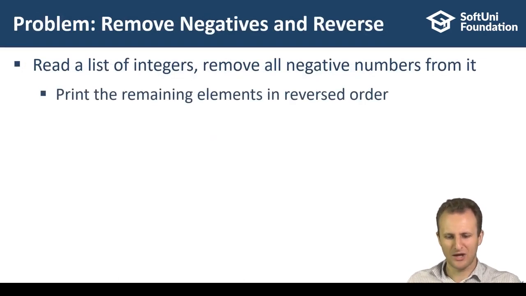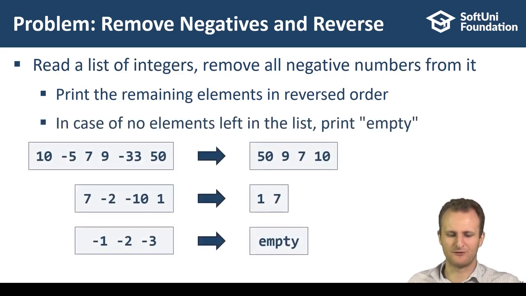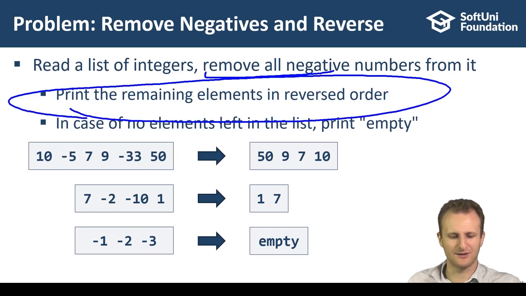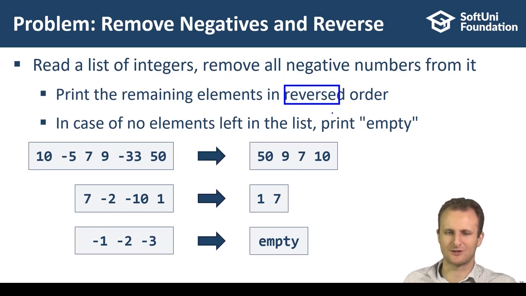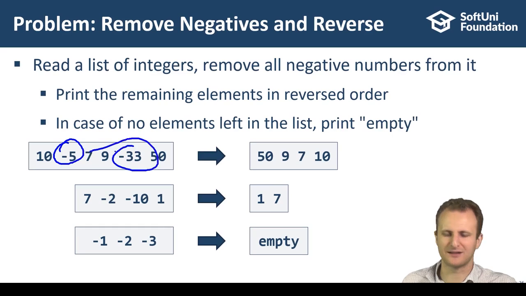Okay, another task we have, and then we'll be finishing up. We have a list of integers, and for these integers we have to remove the negative ones and print the remaining elements in reversed order. So we will have to use the reversed method we just saw, and we will have to in some way remove the negative values.